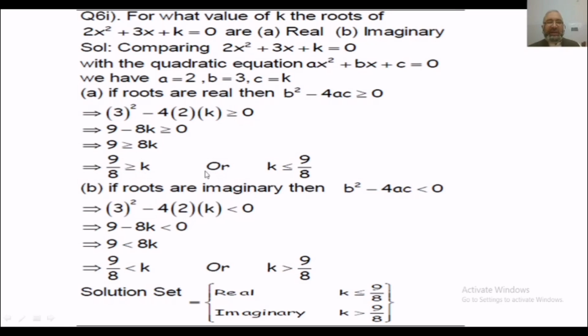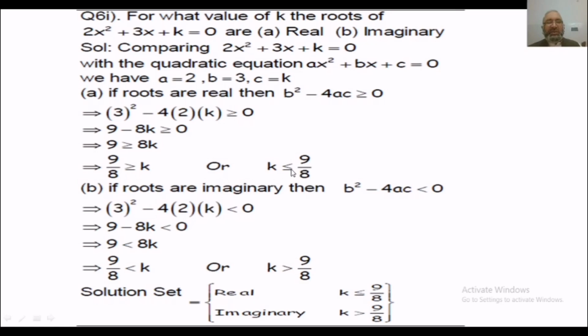We can read an inequality from two sides. We can say 9 by 8 is greater than or equal to k, or reading from the k side, k is less than or equal to 9 by 8.